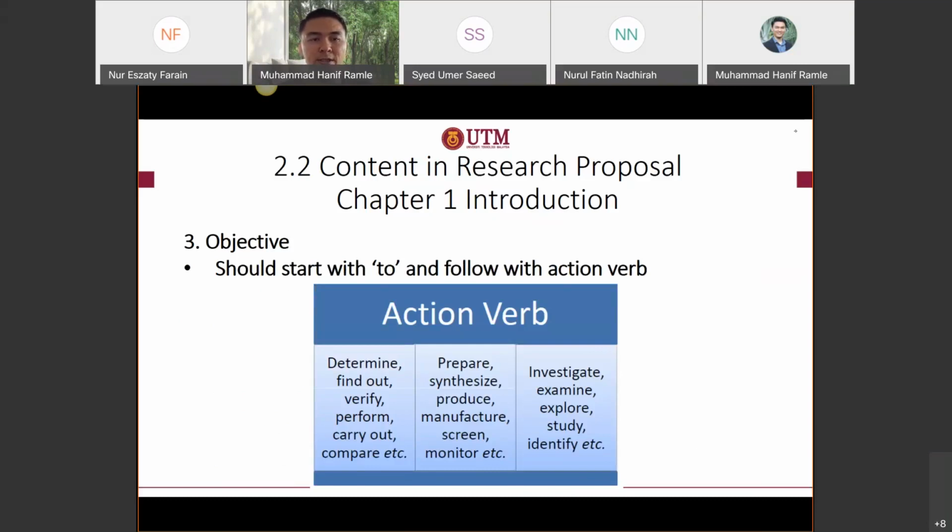For example, to determine, to find out, to verify, to perform, to carry out, to compare, to prepare, to synthesis. Normally synthesis is for the biomaterial, tissue engineering field. To produce, to manufacture, to screen, to monitor, to investigate. To investigate the effect of what. To explore, to study, to identify.